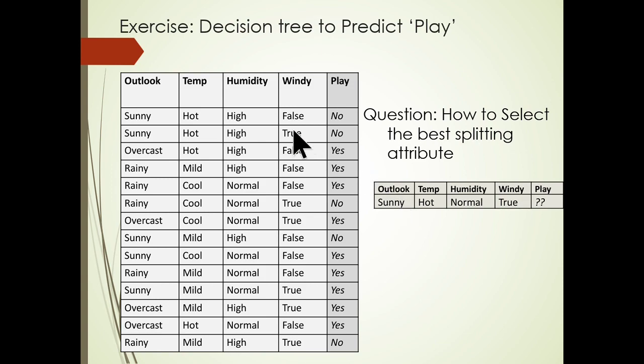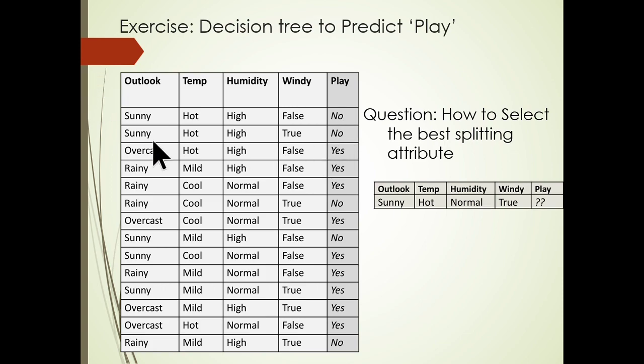We have taken four attributes: outlook, temp, humidity, windy. Suppose the outlook is sunny, temperature is hot, humidity is high, windy is false, then play is not going to happen on that day.